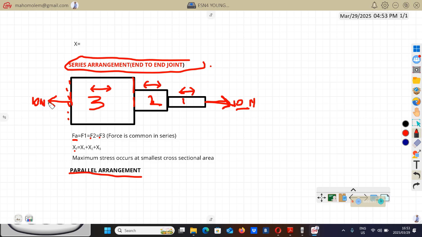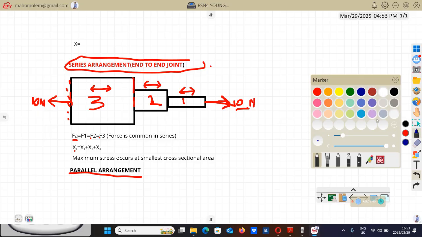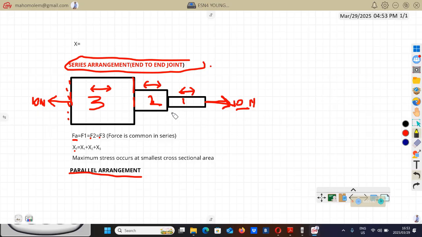Right, so as you pull this thing, you stretch this thing, obviously the length of this thing is going to increase due to that pull. So if this material is elastic, is stretchable, then we expect the length of this to increase as well. The length of this is going to grow from here to there.